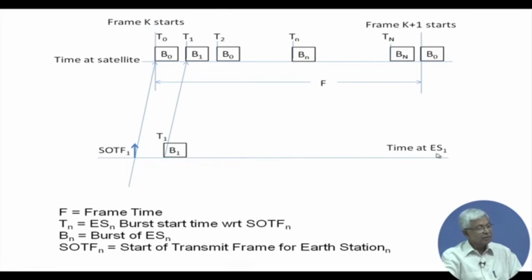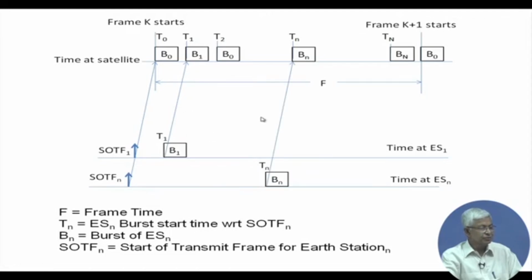So, station 1, whose position in the time frame is B1, has to estimate this as if he himself is the reference burst. So, he should have transmitted at some point from the start of transmit frame, which is T0, and from there, T1 time away, he will transmit his burst.